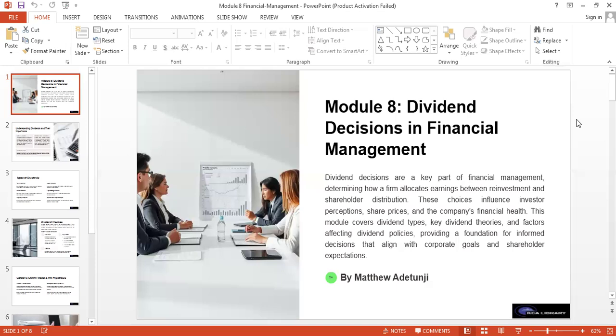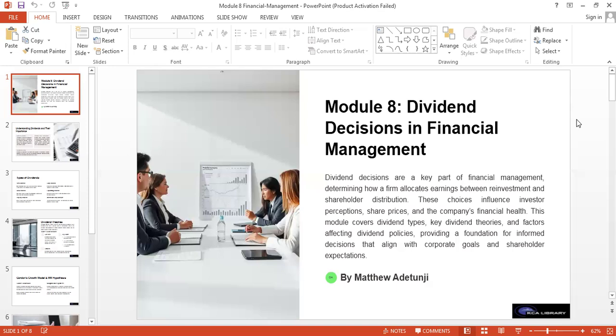That is, it talks about how the firm allocates earnings, whether to reinvest the money in a project or to distribute it as dividend to the shareholders.